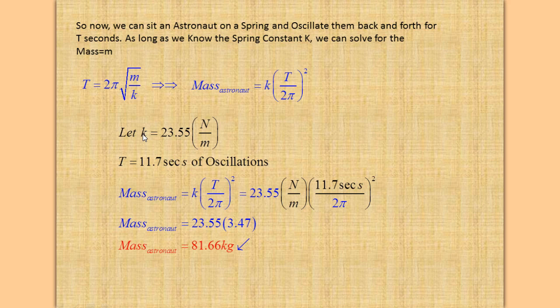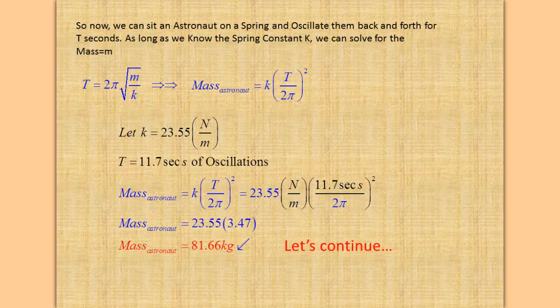And since we know k, because we've determined that previously, that's equal to 23.55 newtons per meter times the quantity 11.7 seconds divided by 2 pi, and all of that is squared. And if we perform that calculation, we get 23.55 times 3.47. So the mass of the astronaut is equal to 81.66 kilograms.